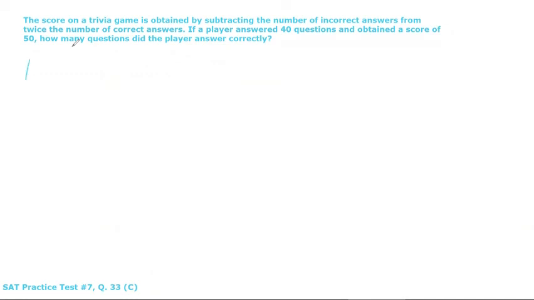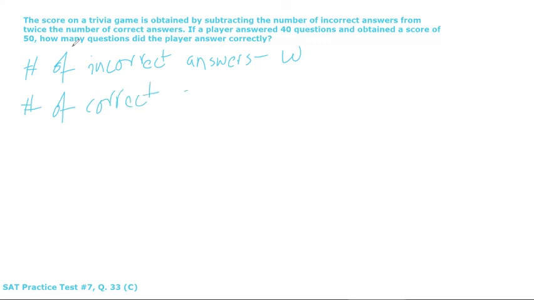Let's say that the number of incorrect answers is W, and let's say the number of correct answers is C. If a player answered 40 questions and obtained a score of 50, how many questions did the player answer correctly?